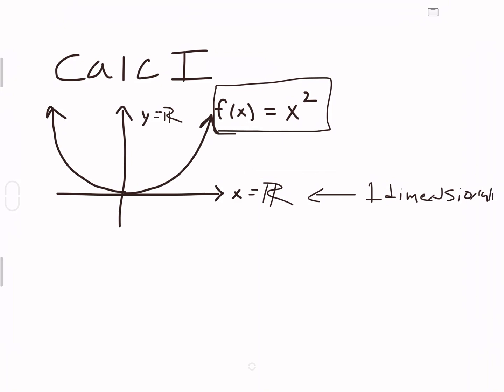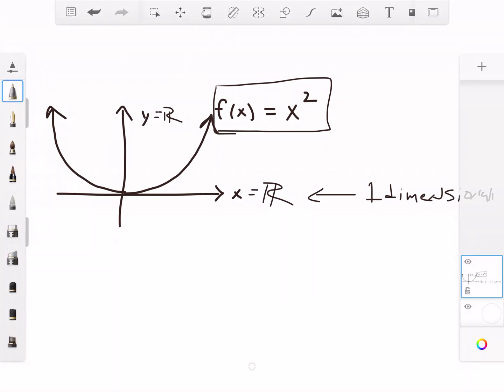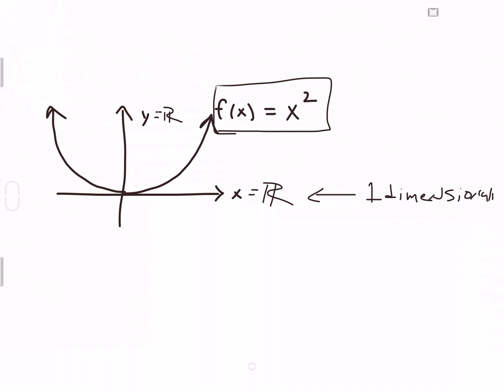And same thing, the y-axis is one-dimensional. One D and one D. So you can draw a graph on a piece of paper of a one-dimensional object being mapped by a function into another one-dimensional object.